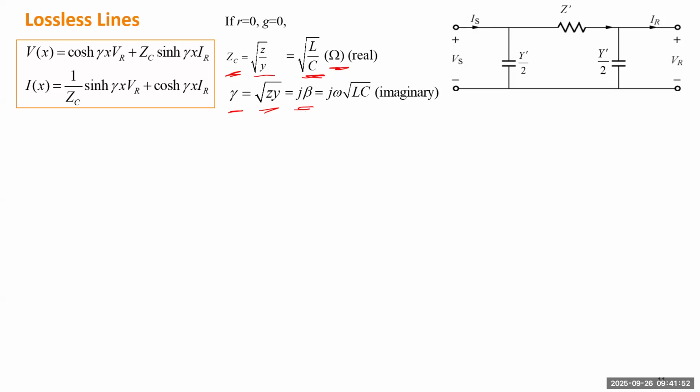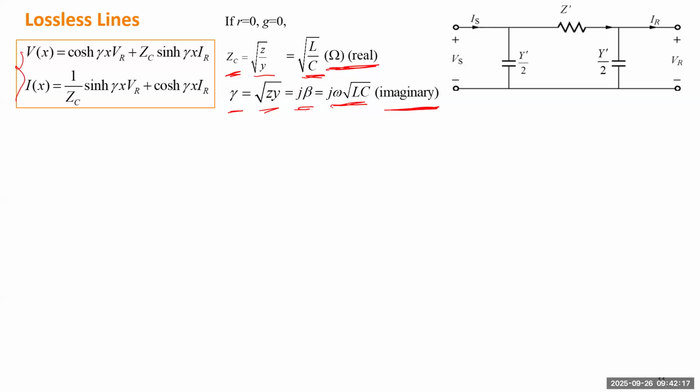But from this formula, beta is equal to omega times the square root of the product of L and C. So ZC is a real number, and gamma becomes a purely imaginary number. This can largely simplify the original two equations on the voltage and current.